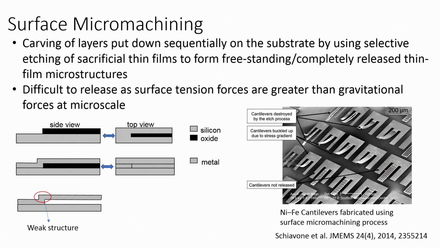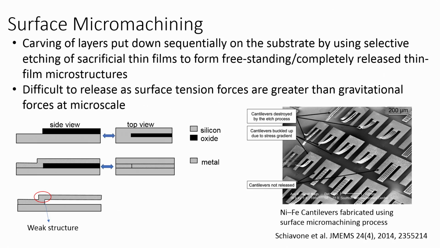However, there are a few cantilevers that were destroyed during the fabrication process, a few that got buckled up because of the stress in the metal film. However, if you optimize the parameters, you can get excellently released cantilevers. I will show you an example of how to release a cantilever, but using a bulk micromachining process, in the following slides.